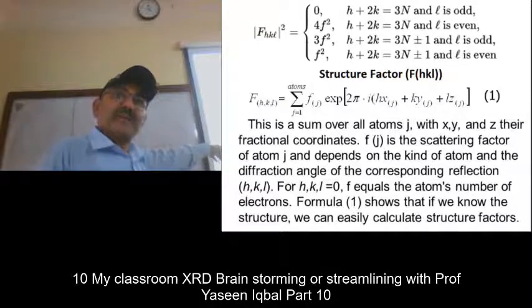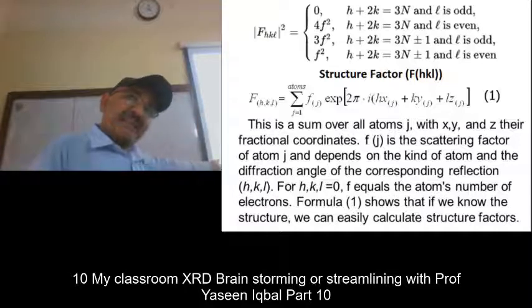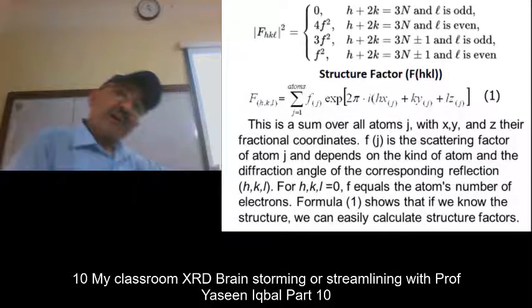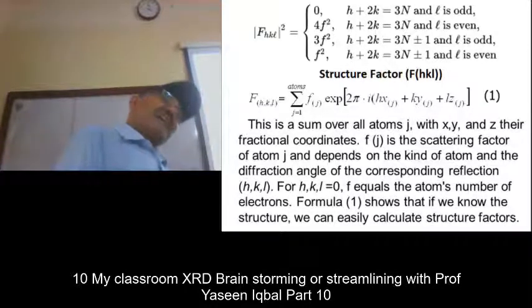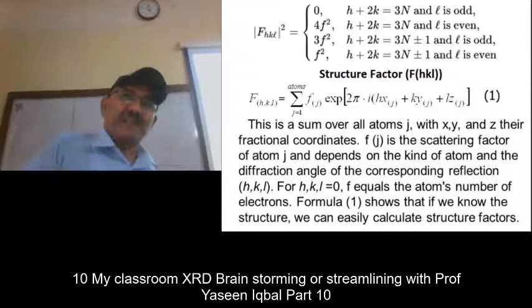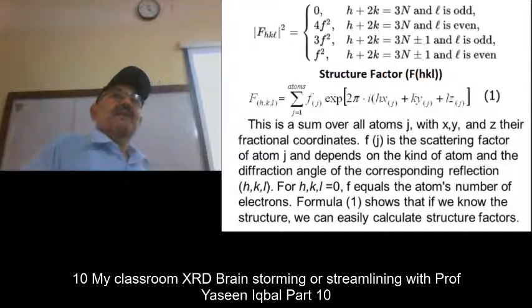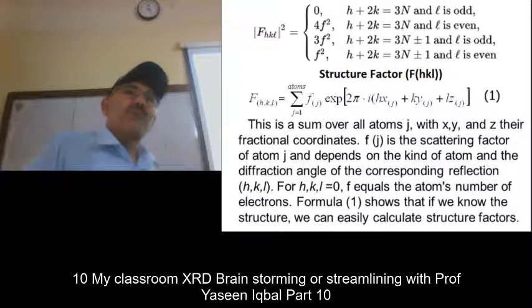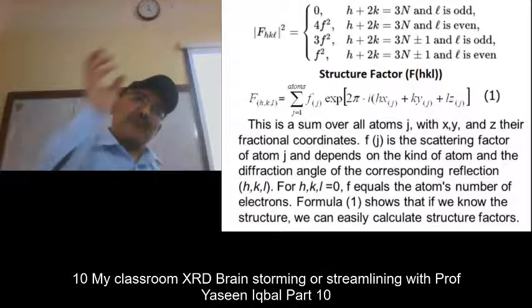So the concept of plane comes from HKL, and HKL contributes to your diffraction spot. The denser the atom, denser means more electrons around the nucleus, for example, the more confrontation it will offer to the beam.